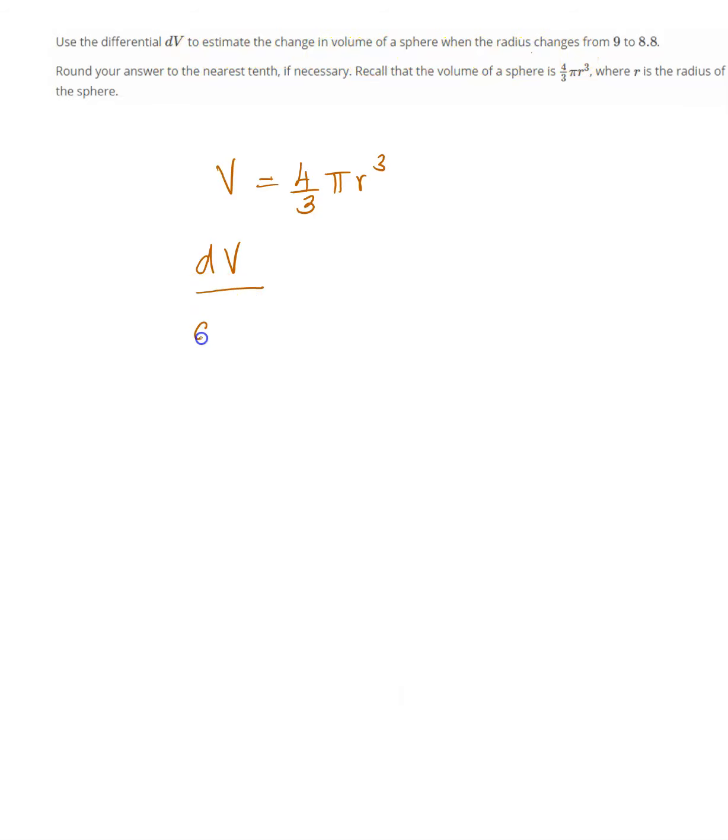So dV over dr is basically what we're trying to find, because we're trying to find the derivative with respect to r, the radius. And so that will be 4 over 3 pi. All of these are constants, so keep them together, times 3r squared, because we're differentiating with respect to r.